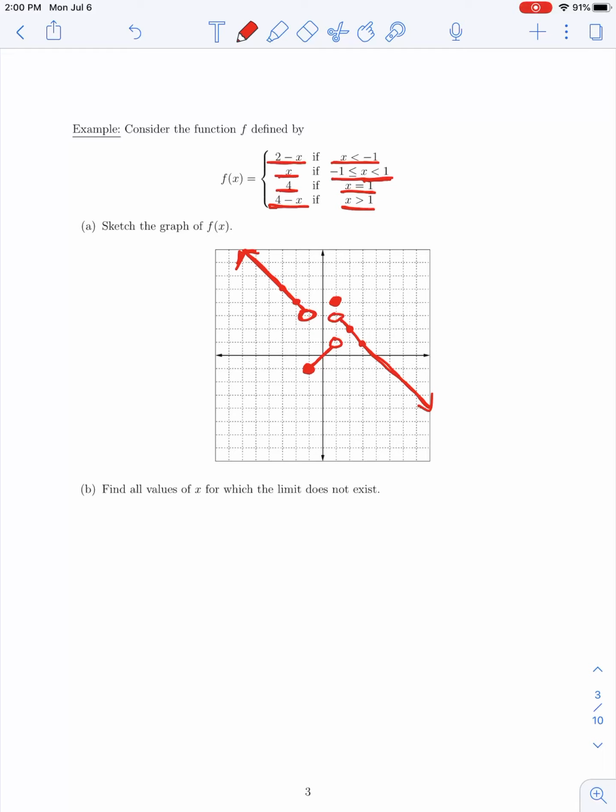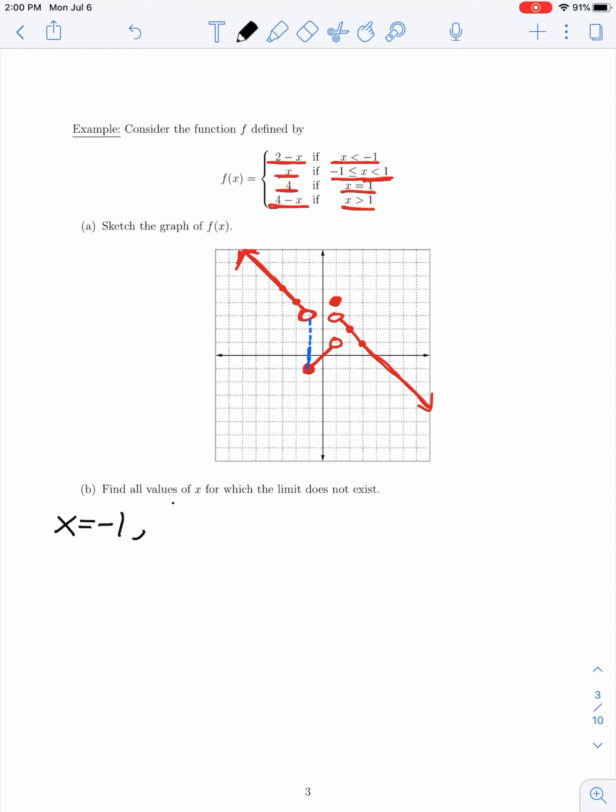So the first value of x, if we're reading from left to right, would be at x equals -1. We see there was a change in definition of our function, or a jump in the values of the function at x equals -1. So here, at x equals -1, the limit does not exist.